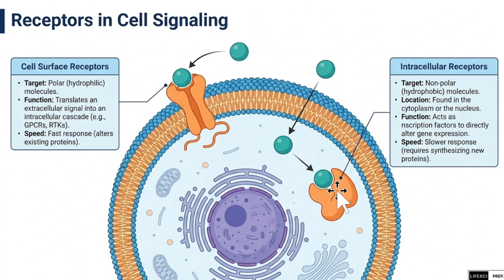So it directly binds in the cytoplasm or in the nucleus, anywhere inside the cell. There is no need for the receptor to be present in the plasma membrane. There will be no problem for them.